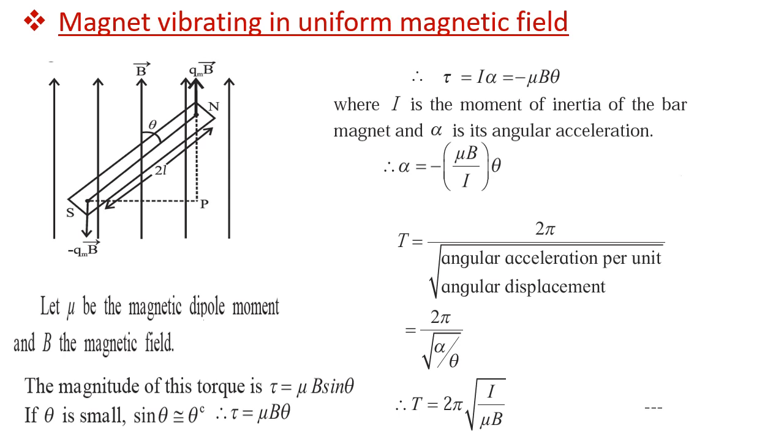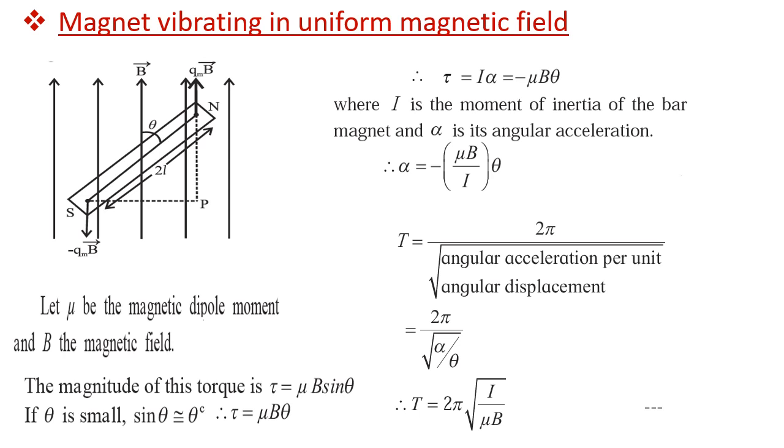So if you want to calculate the time period for the bar magnet performing angular SHM, the formula remains the same. The time period is equal to 2 pi upon square root of angular acceleration per unit angular displacement. So you substitute the value of that. Angular acceleration per unit angular displacement is nothing but alpha upon theta, and what will alpha upon theta be?